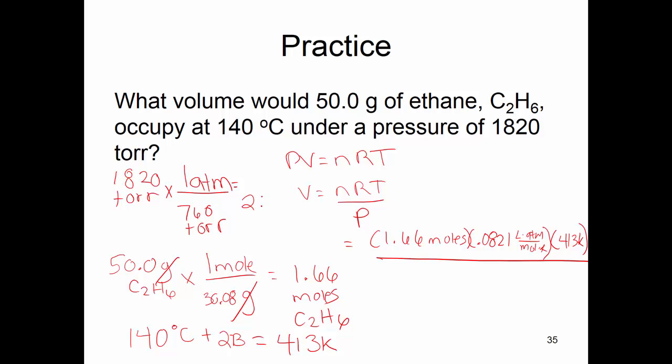So we get 2.39 atm. Atms cancel, moles cancel, Kelvins cancel. We're left with liters, and that's what we're looking for. We're looking for volume. When we do the math, we get about 23.6 liters.